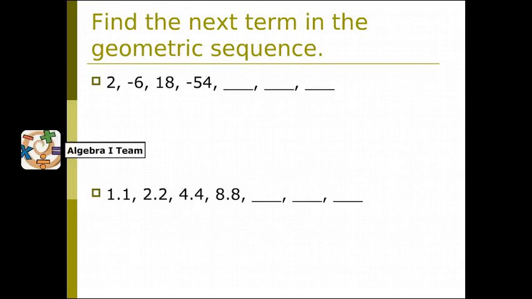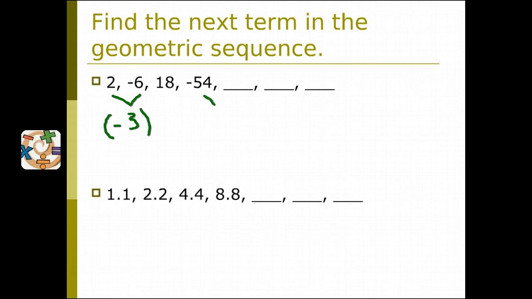Our next few examples want you to find the next term in the geometric sequence. Before we can find the next terms in the sequence, we have to find the common ratio. Well, how did we get from 2 to negative 6? You multiplied by negative 3. So negative 3 is the common ratio. So to get from negative 54 to the next term in the sequence, you also have to multiply by negative 3.